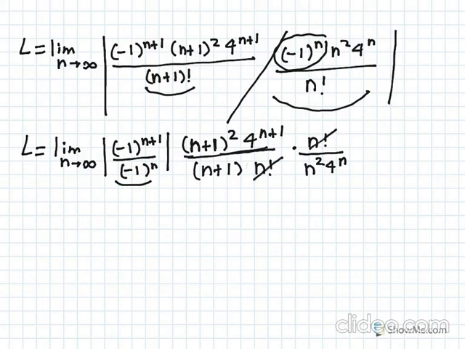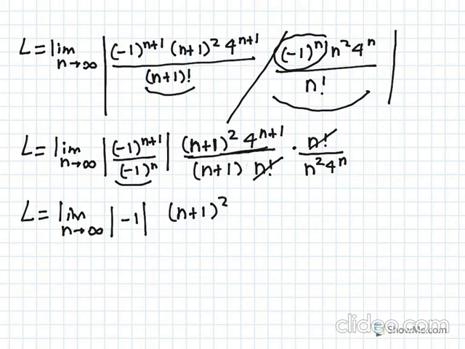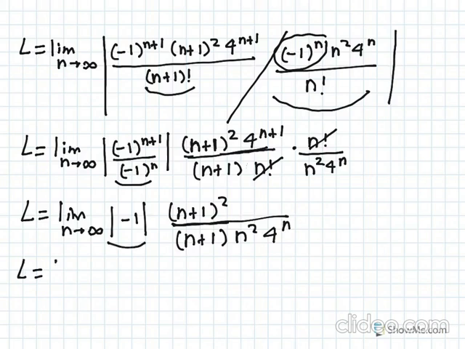Simplifying this, we get L equal to the limit as n approaches infinity of the absolute value of negative 1 times n plus 1 squared divided by n squared divided by n plus 1 times n squared times 4 to the n. Now the absolute value of negative 1 is just 1.